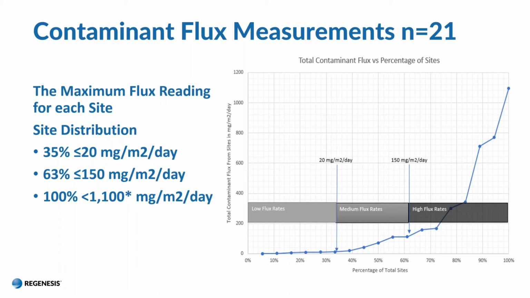Finally, 100% were less than 1,100, but I'm going to update that to 4,000. We just had a recent update where the highest mass flux we've seen to date is around 4,000 milligrams per square meter per day. And the final bit of calibration is that 4,000 milligrams per square meter per day is roughly 50 milligrams per liter moving at 500 feet a year.